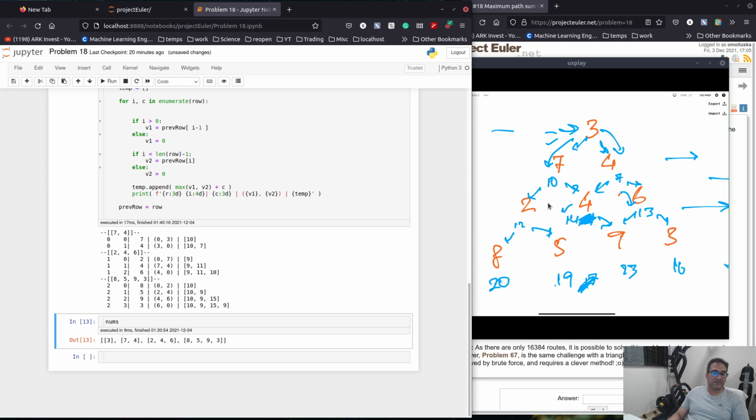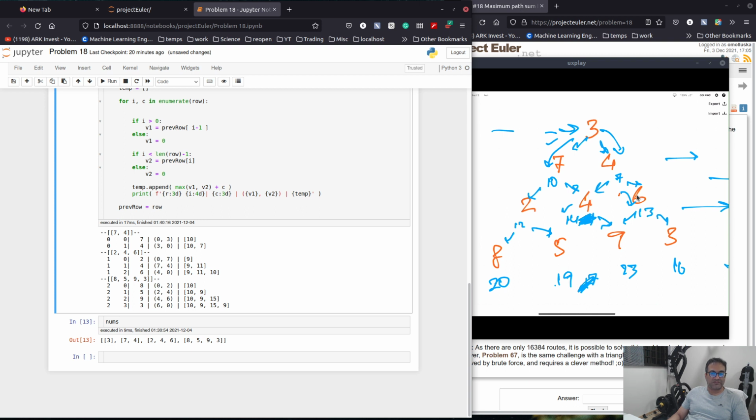For 7 it's 10, for 4, so at this point it's, for 4 it's 7, so 4 and 3 is 7, we have this value. Okay, for 2 it's 9, for 4 it's 11. So yeah, it's 11, it's this thing.